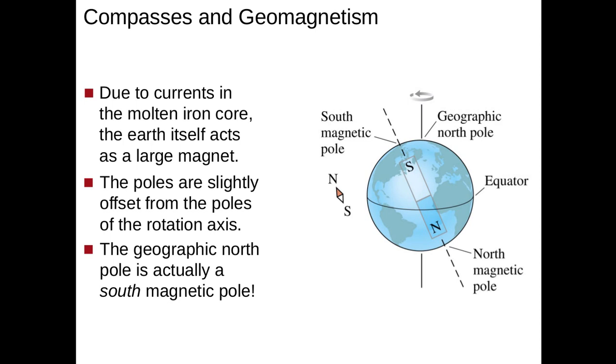Our magnetic North Pole actually behaves like the South Pole of a magnet. So the needle of the compass is magnetic, and the north end of your compass needle is being attracted to the South magnetic pole. So our geographic North Pole corresponds with the magnetic South Pole of the Earth.